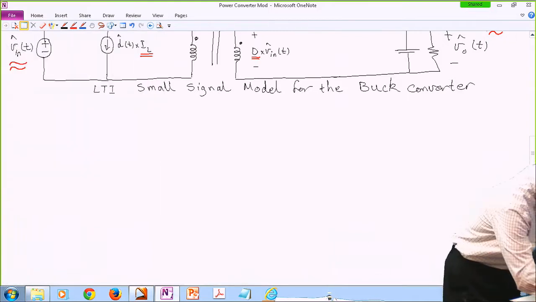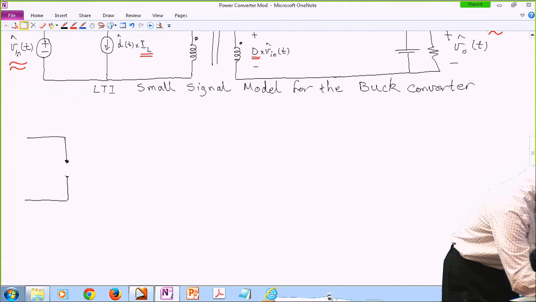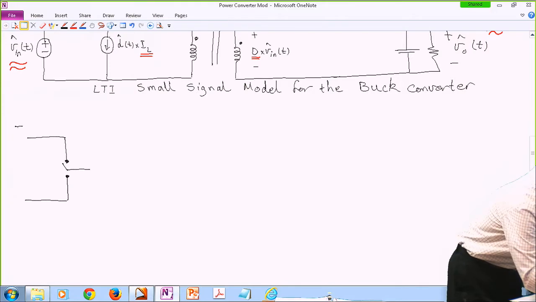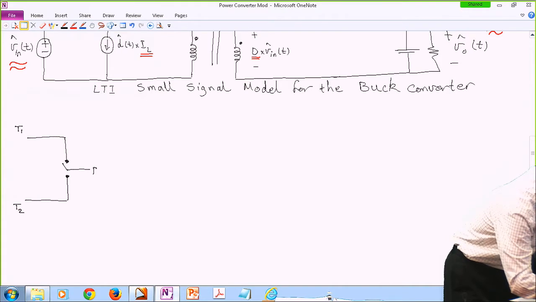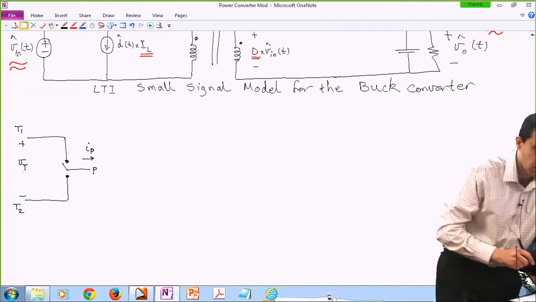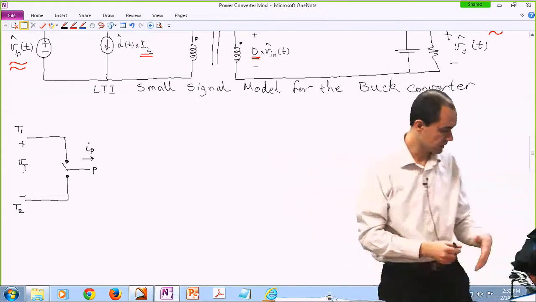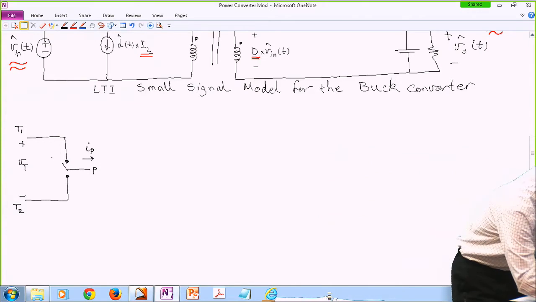In a general case, I label the throws throw number 1 and throw number 2, and the pole, I call this the pole current, and obviously this is the throw voltage. I always assume the top throw is positive, the bottom throw is negative, and the pole current is flowing to the left. And the duty cycle also has to be determined.